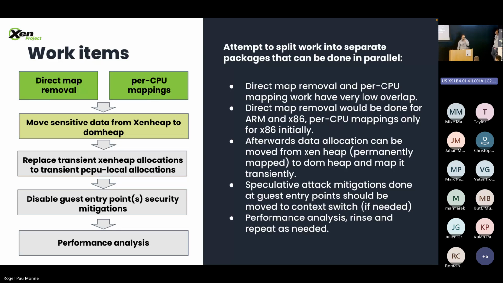I sent a few batches already to add a few wrappers for FPU mapping and unmapping. Then we will have to go through all the hypercalls and all the entries and exits and make sure that we don't do any transient allocation to copy confidential data where it doesn't need to be. And at that point, we will be in a position to disable the security mitigations because everything is safe, right?